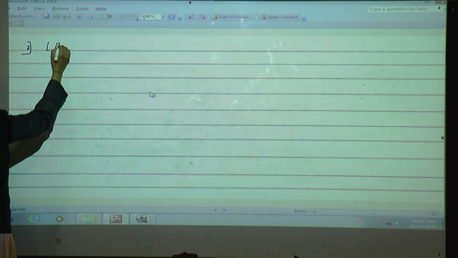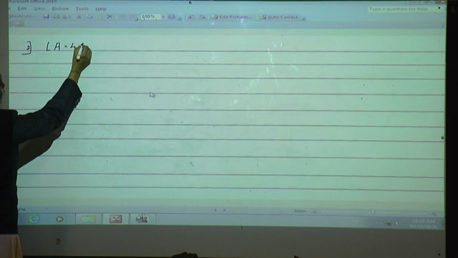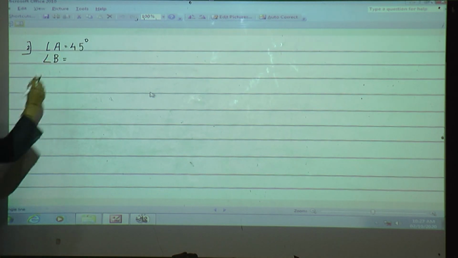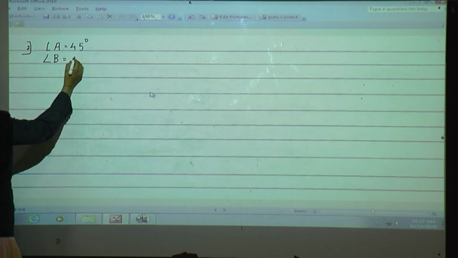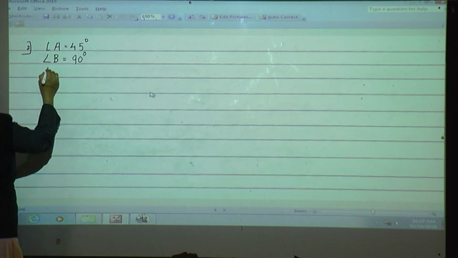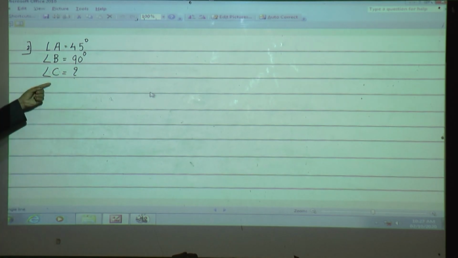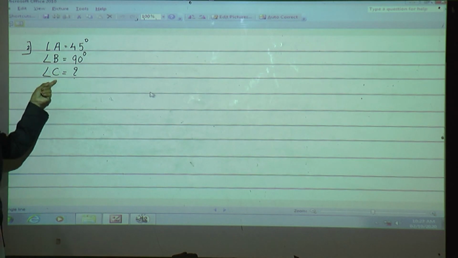Angle A is equal to 45 degree, angle B is equal to 90 degree, and we have to find our third angle. So we don't know the third angle, we have to find it.